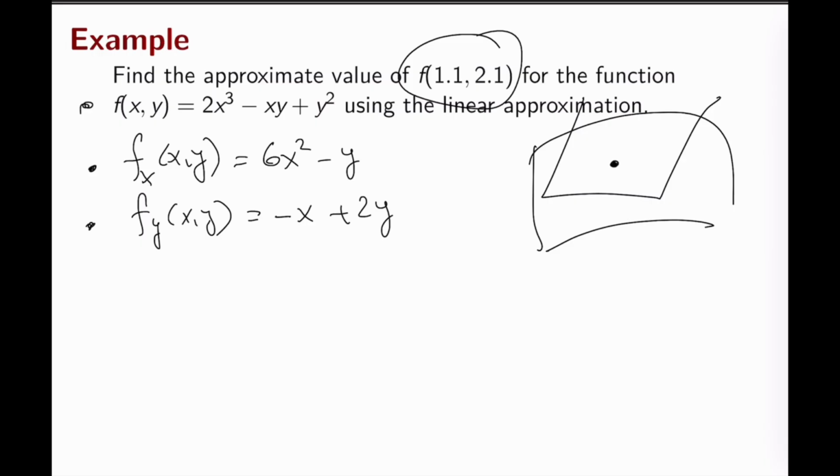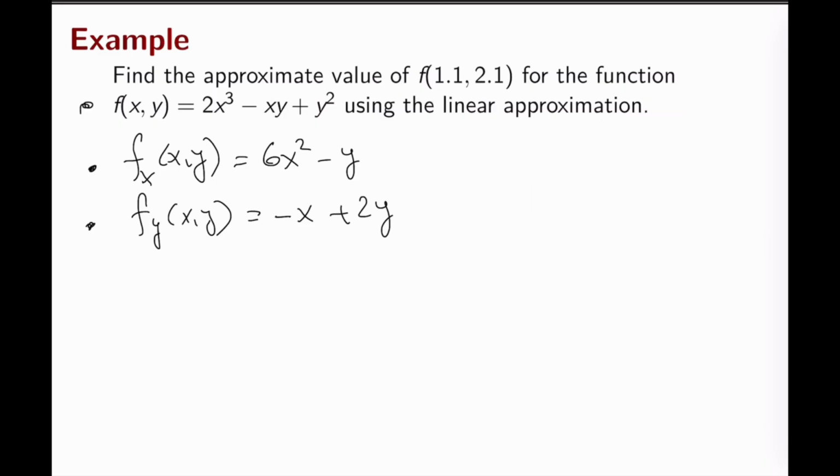Exactly at one point they are going to coincide, but at a point that is close to it, like 1.1, 2.1, they are not going to be exactly the same, but they are going to be very close. That's what it means to approximate the function by the value of the linearization. So we choose the point (1, 2).